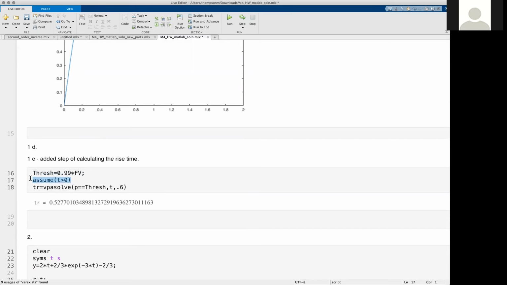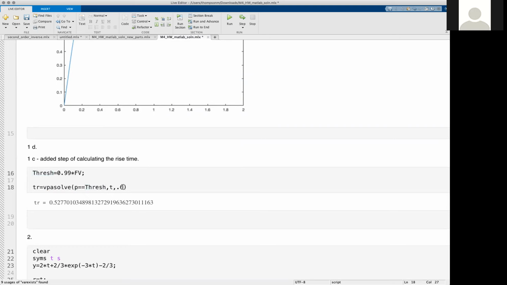We're going to use that, and we're going to solve using a numerical solve. That's what VPA means, variable precision arithmetic, solve. We're going to set the value of the output P of t equal to the threshold. t is our variable, and we give it an initial starting condition.